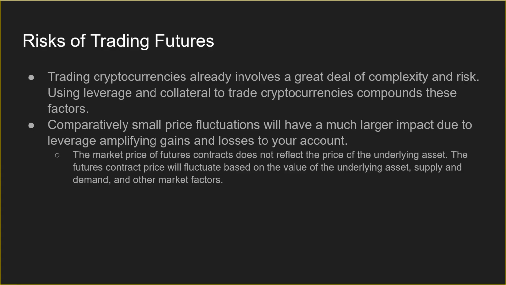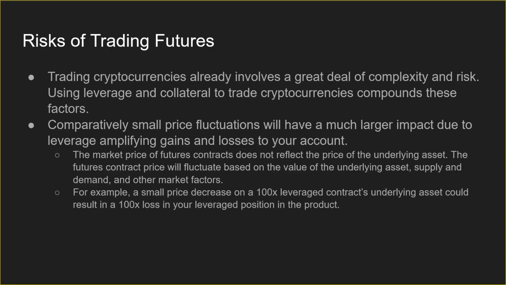The futures contract price will fluctuate based on the value of the underlying asset, supply and demand, and other market factors. For example, a small price decrease on a 100x leveraged contract position and on its underlying asset could result in a 100x loss on your leveraged position in the product.